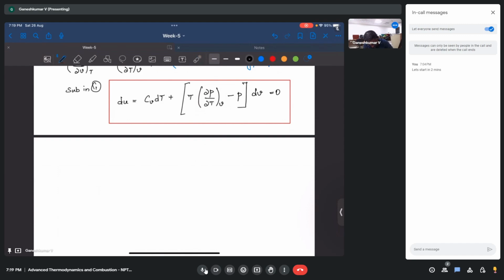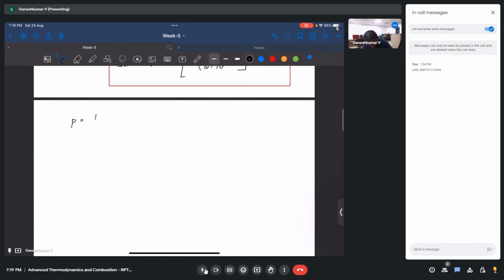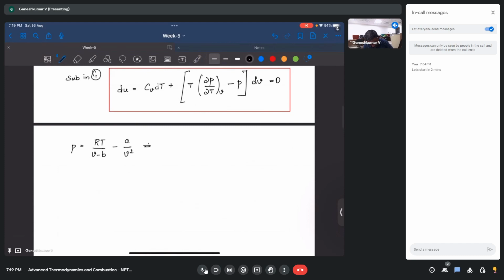Let's use that. We know P is equal to RT by V minus B minus A by V square, right? Now we need to find out dou P by dou T at constant V. If you differentiate at constant volume, we retain only the first term. The second term goes to 0 because it doesn't depend on temperature, it's just volume.